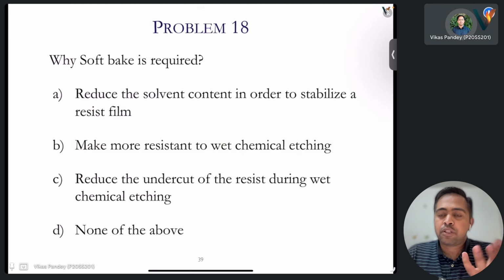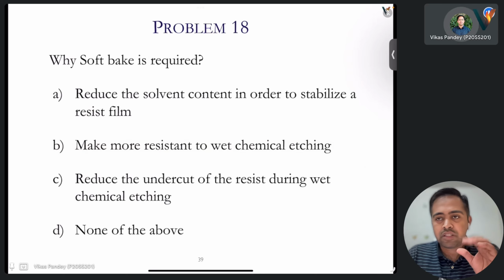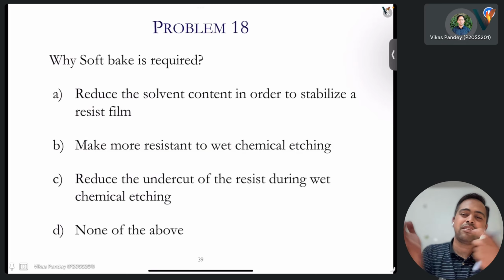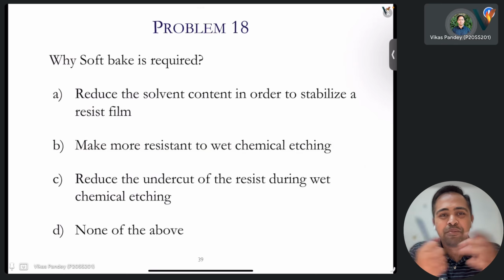So we keep on spinning for some more time so that it solidifies. But sometimes some small amount of liquid still remains, and so a soft bake is done so that it just solidifies and stabilizes. Like there should be nothing like, if we do it like this, it just flows. It should not be like that.